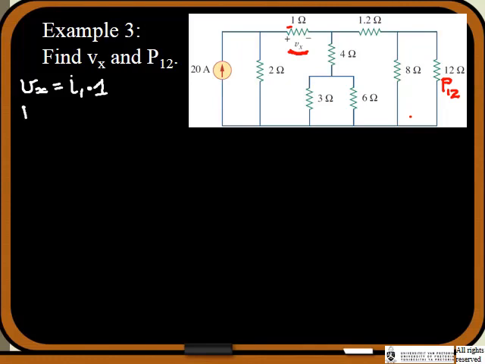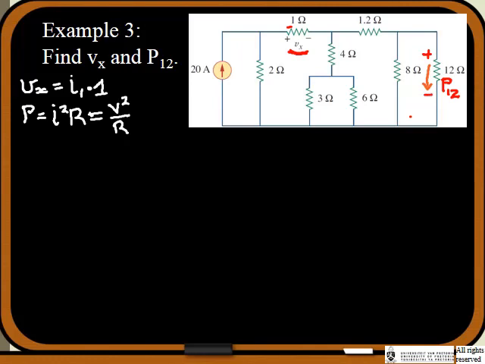From school, you already know that P equals one of two things, either I squared R, in other words, the current that flows through the resistor, or it also equals V squared over the resistance. So what voltage are we talking about now? We're talking about the voltage drop across the resistor.